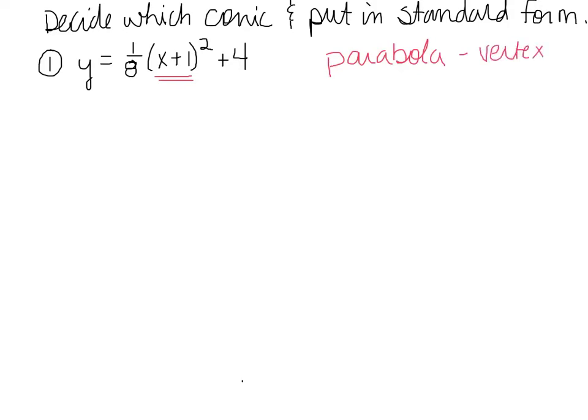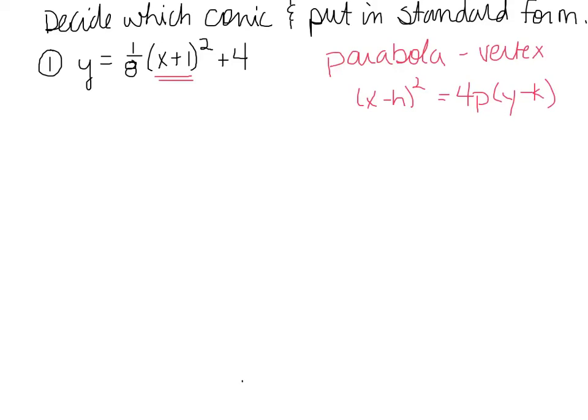If you'll remember what standard form looks like when you have an x squared, we have x minus h quantity squared equal to 4p. P is just some number, so we'll talk about that when we talk about parabolas in general. But it looks something like this.